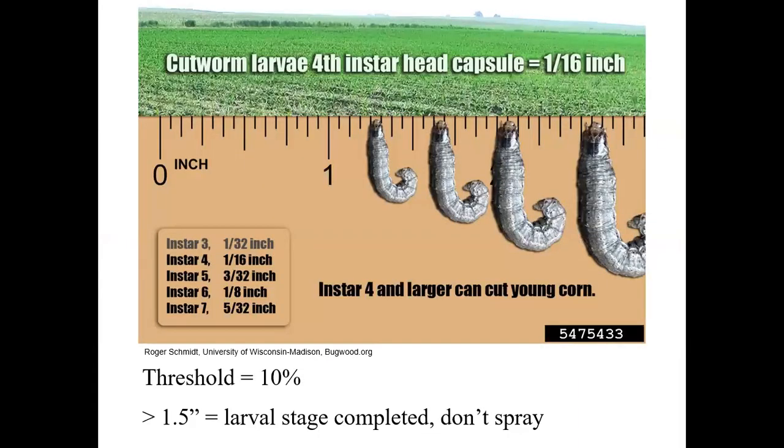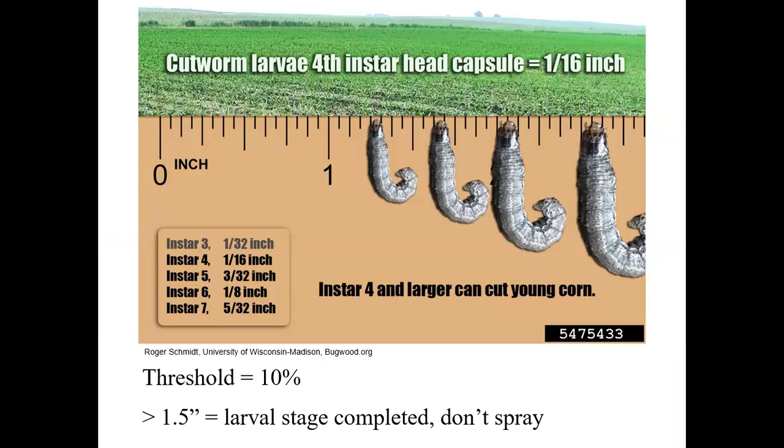The cutworm are actively feeding on the crop for the later stages of their lives. When their head capsules are very small, they're not going to be cutting plants. They're just going to be doing a little bit of feeding on the leaves and not causing a lot of damage. And like I said earlier, at that stage, they tend to be on non-crop plants in the winter annuals.